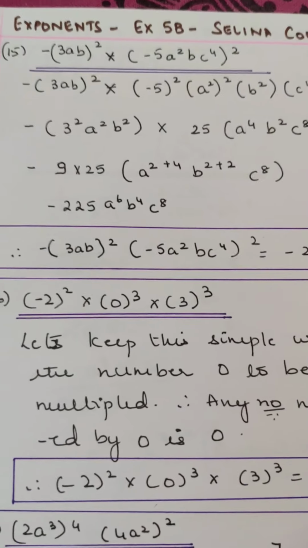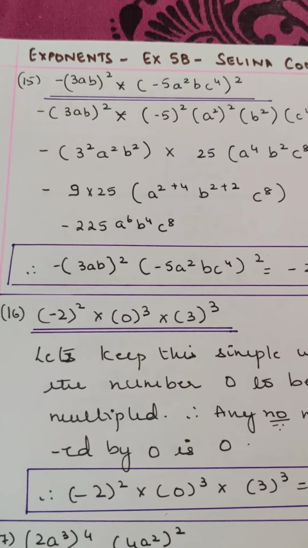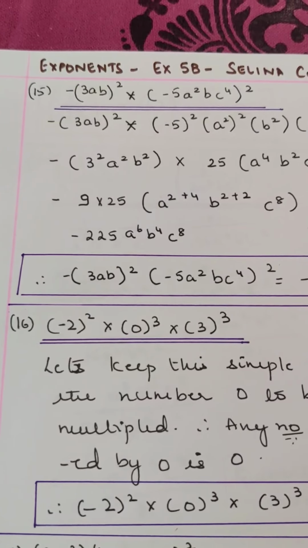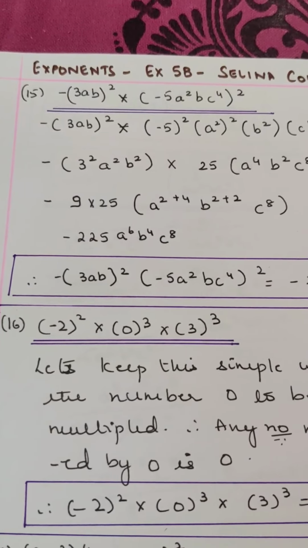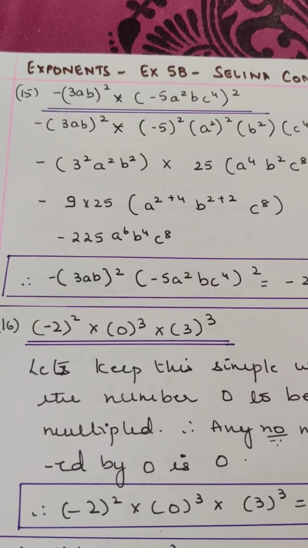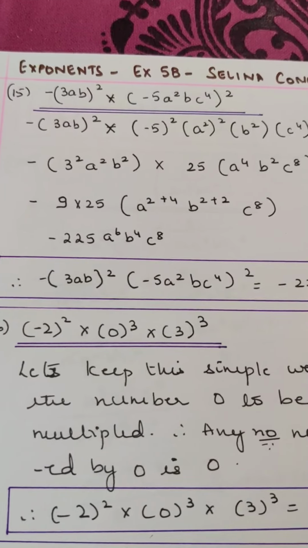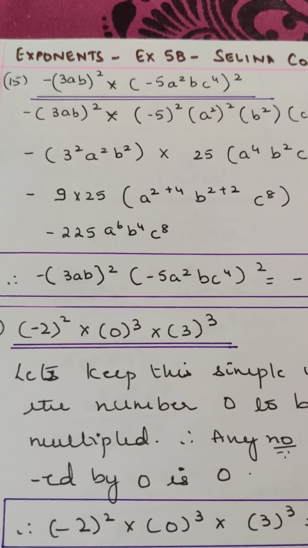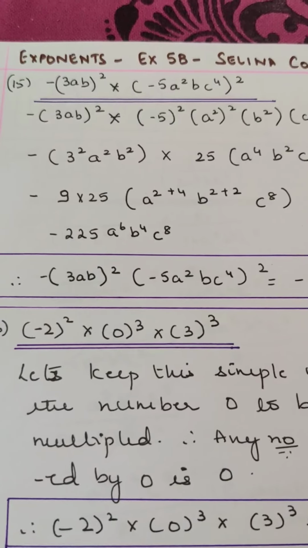completing this exercise. Minus 3, it's outside. Minus is outside. Minus 3ab square into minus 5 a square b to the power of 1 c to the power of 4 the whole square. Okay, this is again got numerals as well as 3 different bases.